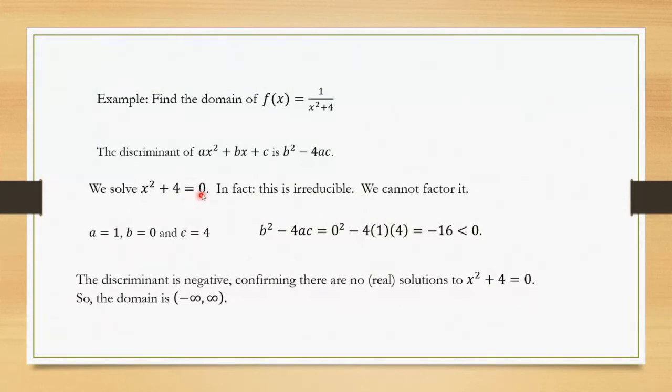So this is never 0. You could confirm that just looking at the discriminant, but you really could just dive right into the quadratic formula, and you'll see this has no solution. So because of that, this here is defined everywhere. So the domain for this is all real numbers.